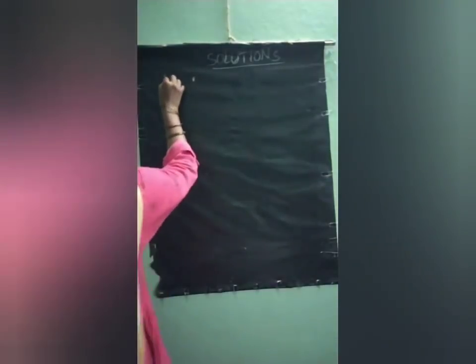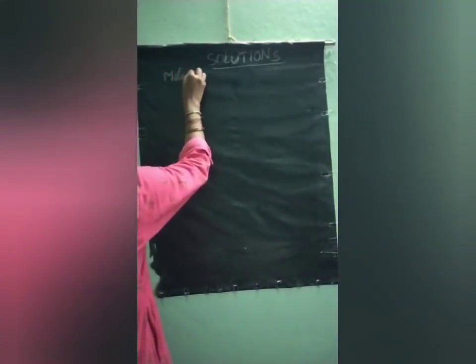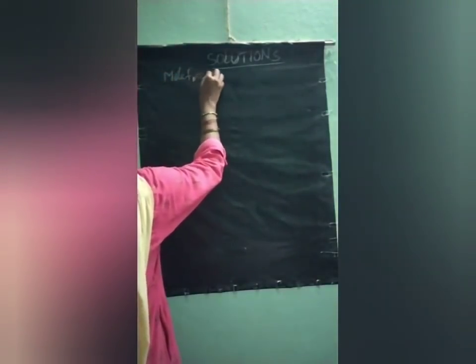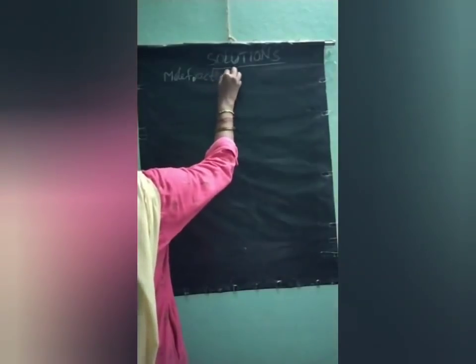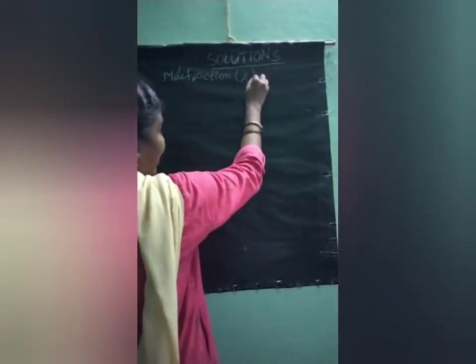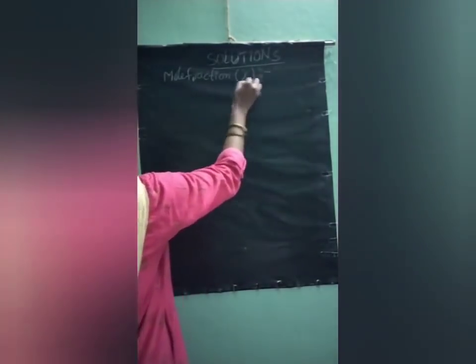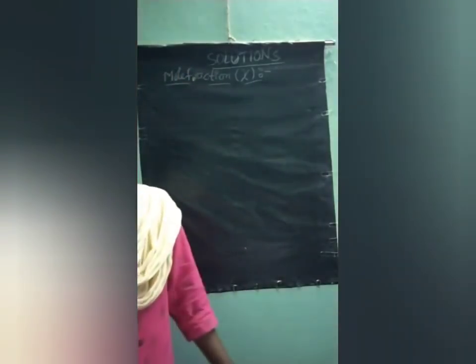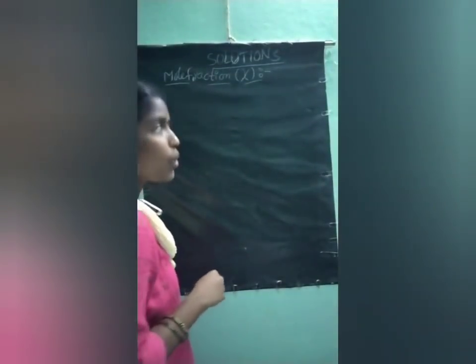Next, mole fraction, one of the concentrations of the solution. Mole fraction is also denoted by the letter chi or psi. What is the definition of the mole fraction? It is the ratio, so there are no units.